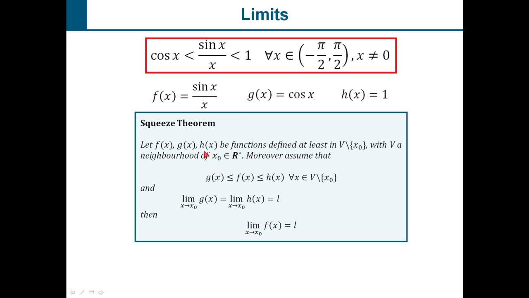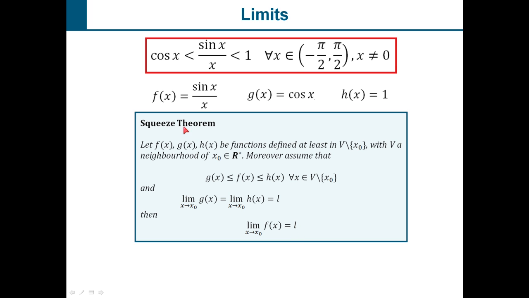Given three functions f, g, and h defined at least in a neighborhood v of x0, we assume in addition that the three functions satisfy these inequalities for every x in v, and moreover we assume that the limit as x approaches x0 of g of x is equal to the limit as x approaches x0 of h of x, and we call this limit L. If all these hypotheses are satisfied, then we can infer that the limit as x approaches x0 of f of x is also equal to L.